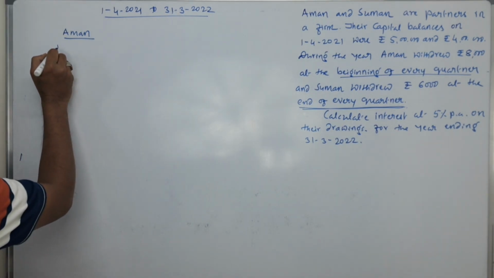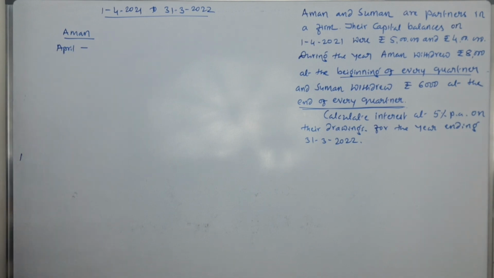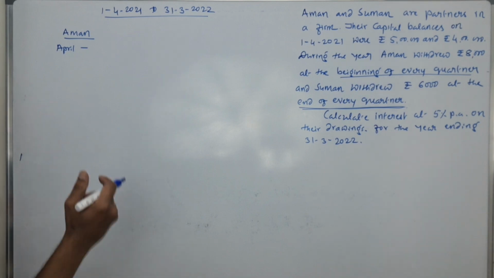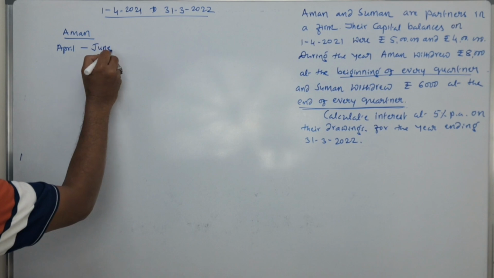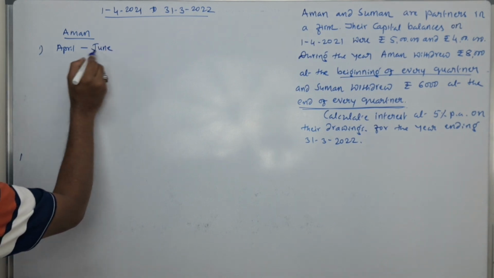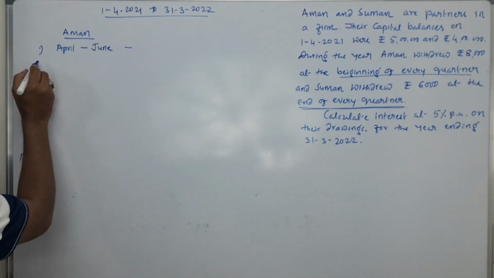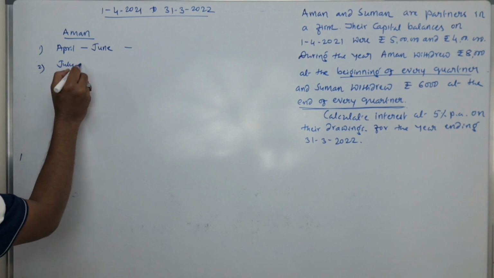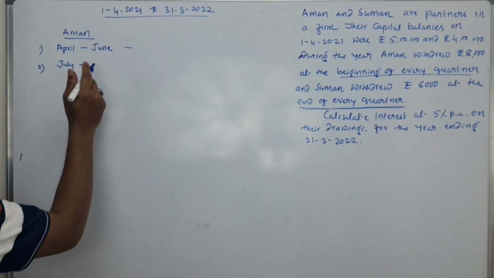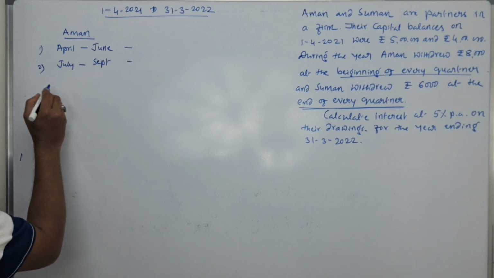That is why here April, May, June, 3 months we have to take. This is the first quarter. How many months are there here? 3 months, April to June. Next quarter is July, August, September.